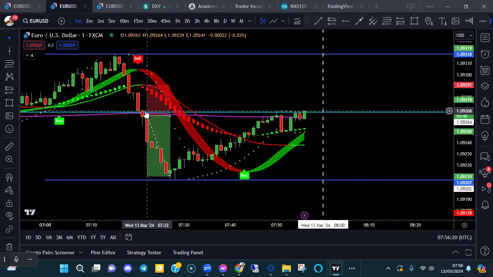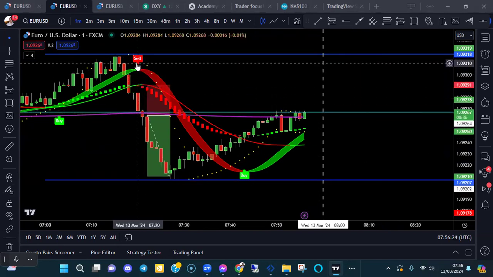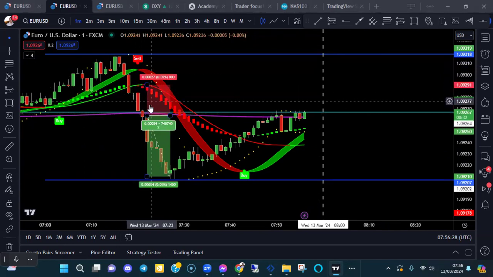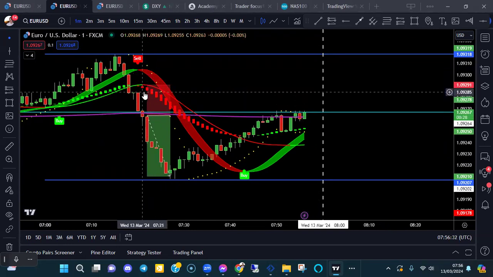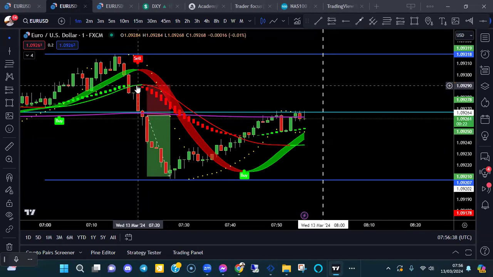Congratulations if you were here at 7:20 this morning. We had a sell alert, red trend, red wave, and then the stop loss would go right where the wave started to turn red.